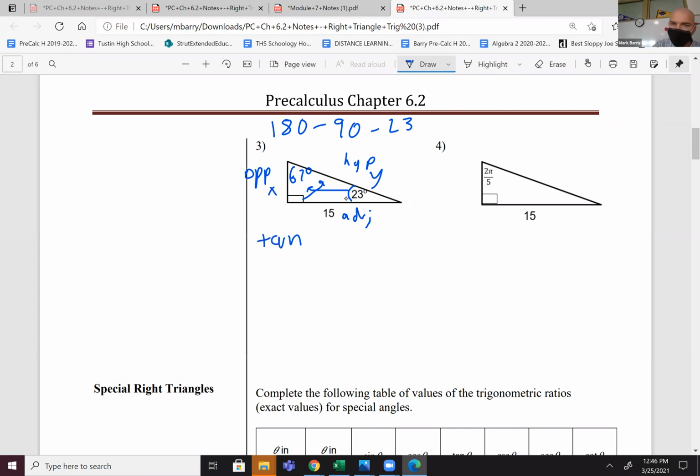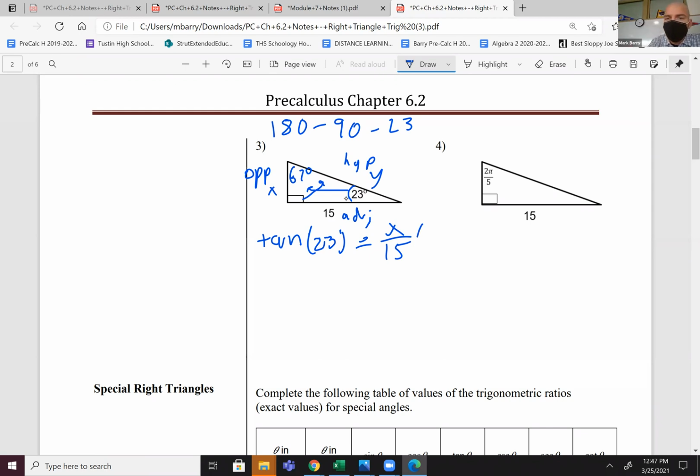So tangent of our angle, so this time our angle is known as 23 degrees, equals x over 15, which is opposite over adjacent. We are wanting to isolate x.